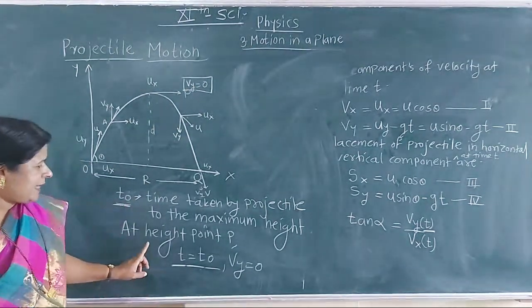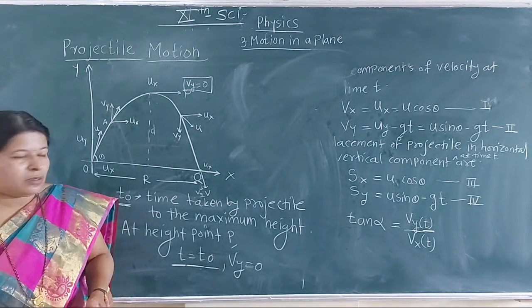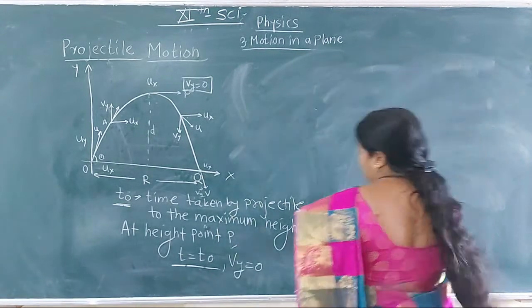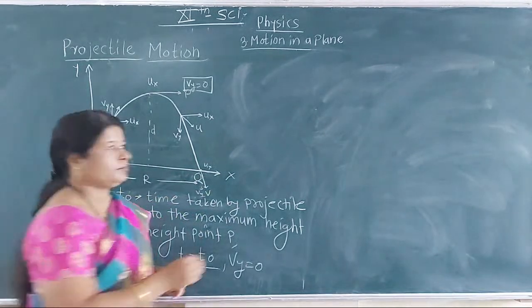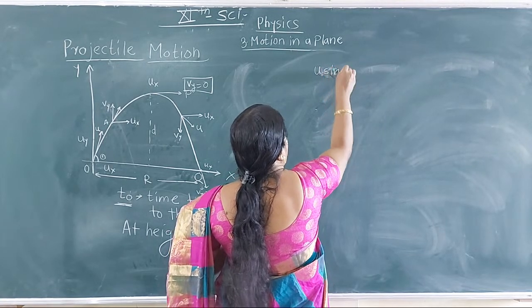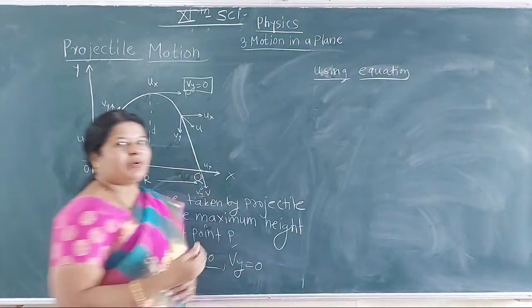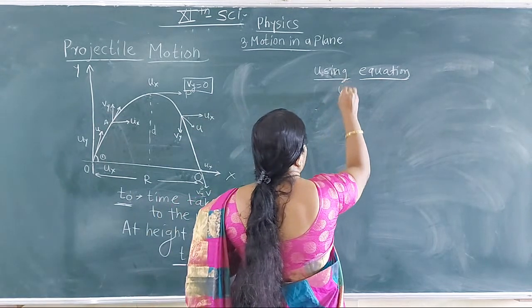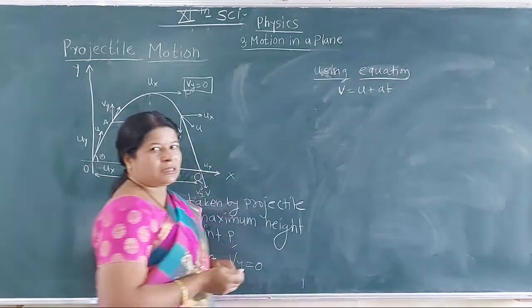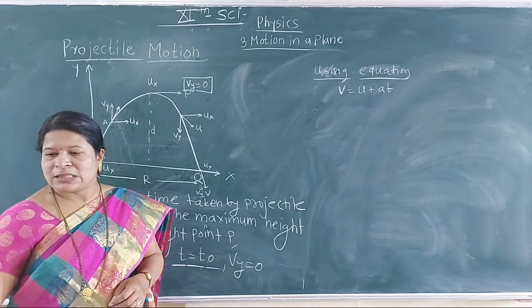So at the highest point, vy is equal to 0. Using the equation, we know the general first equation of motion: v is equal to u plus at.